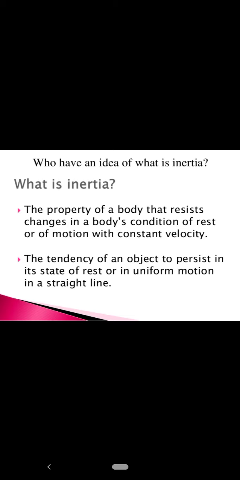The property of a body that resists change in a body's condition of rest or of motion with constant velocity. Or I can say the tendency of an object to persist in its state of rest or in uniform motion in a straight line is inertia. Suppose we have a body which is at rest, it will want to be at rest until and unless an external force acts on it.